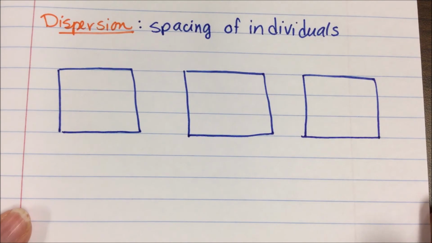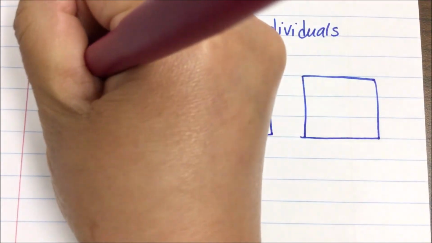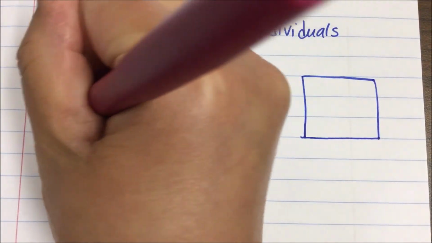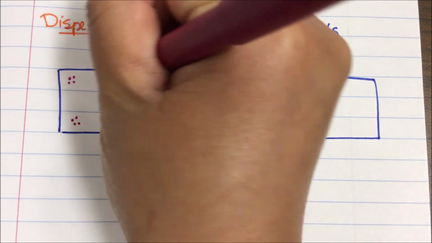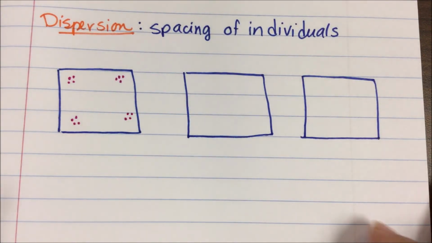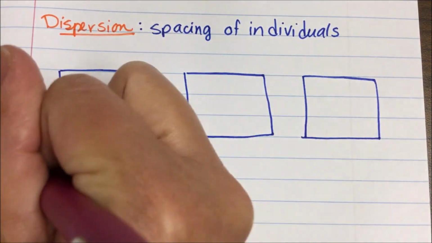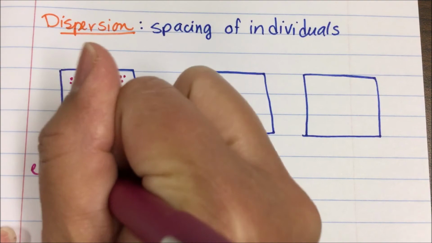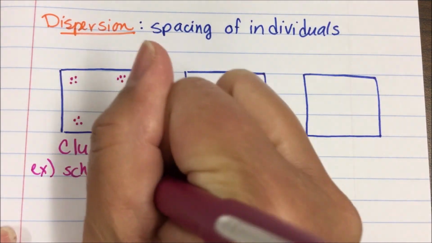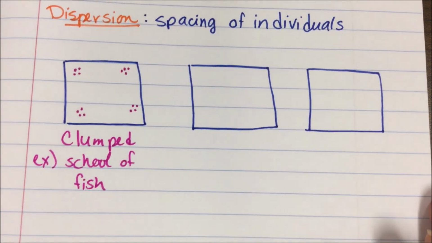I have three common ways that organisms can be dispersed. I can have organisms that are all together like this, and we call that one clumped. For example, a school of fish, where they're all clumped together.